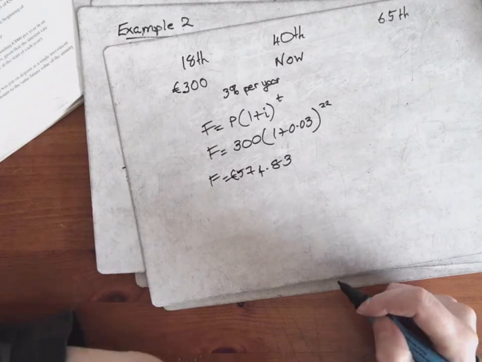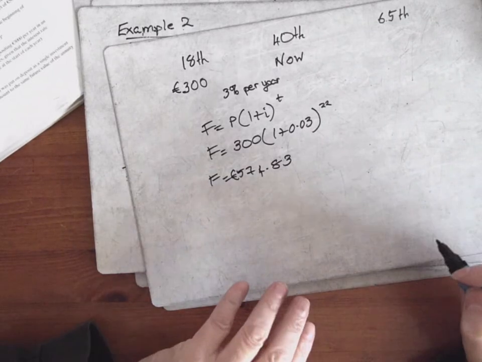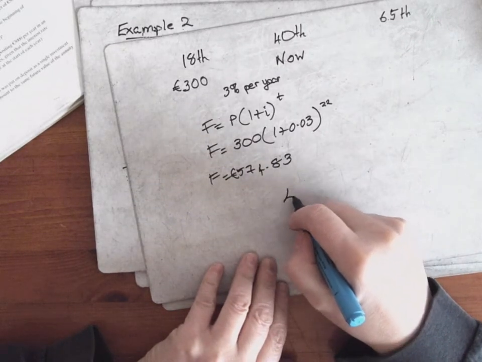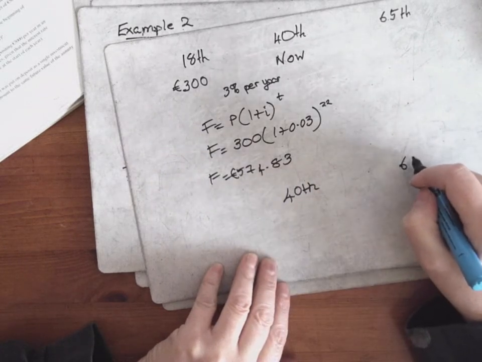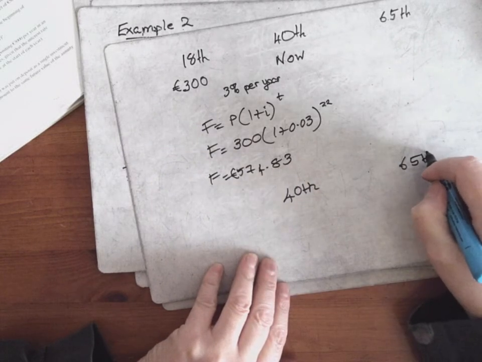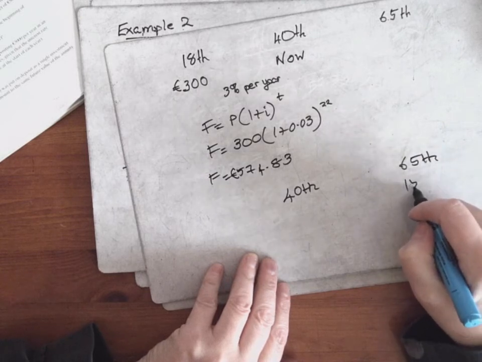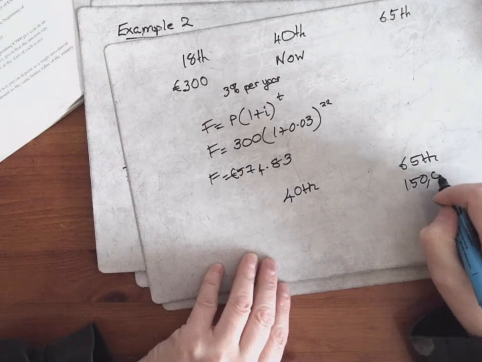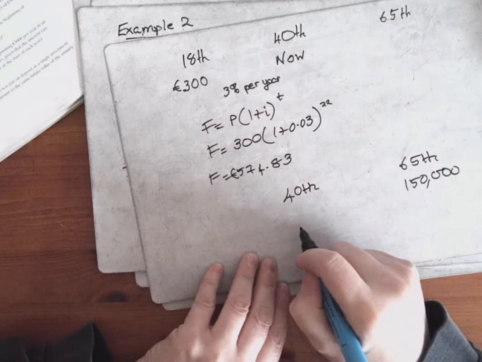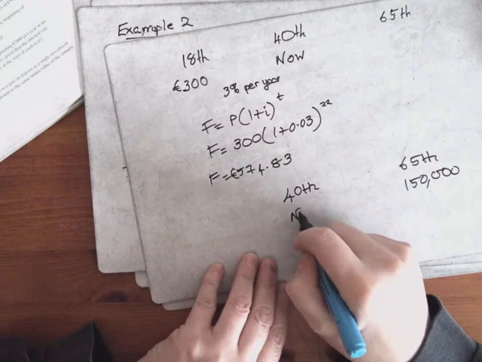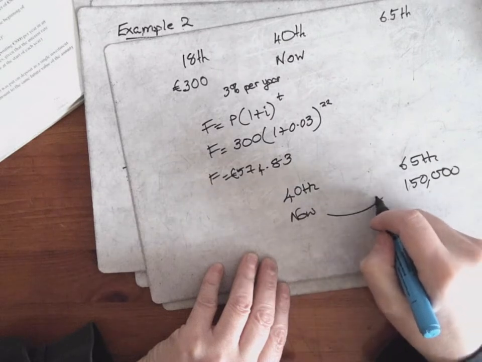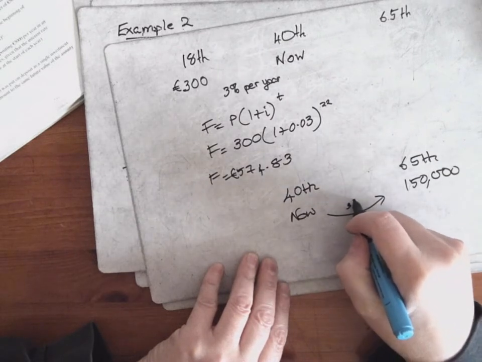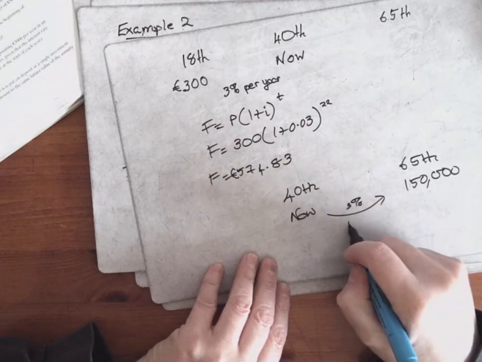And the other bit is working backwards. So she's on her 40th, and on her 65th, she wants 150,000. This is where we are now. We know she's going to get 3% per year between now and when she's 65.